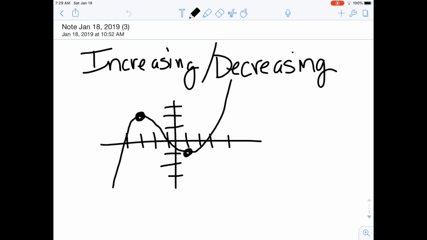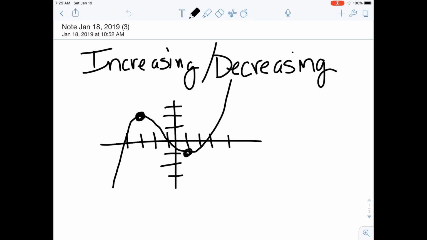Today we're going to be covering how to find the intervals where a graph is increasing or decreasing. Knowing this, even without a picture of the graph, you can get an idea of what the graph should look like. And so this is really easy once you find the graph.